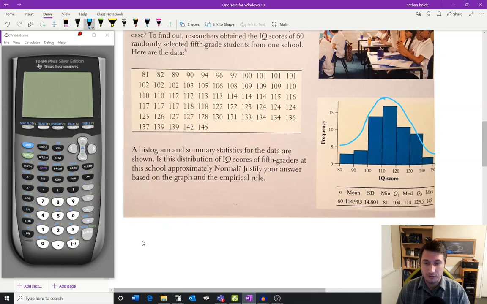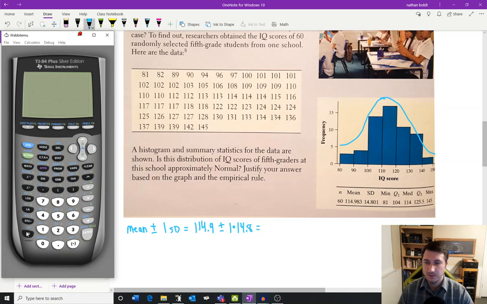So our first standard deviation will be the mean plus or minus one standard deviation. Our mean is 114.9 plus or minus one standard deviation, which is 14.8. So what range does that give us?